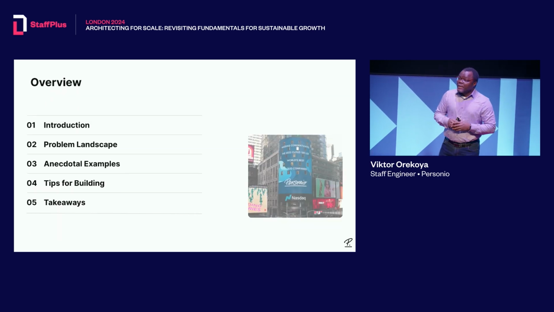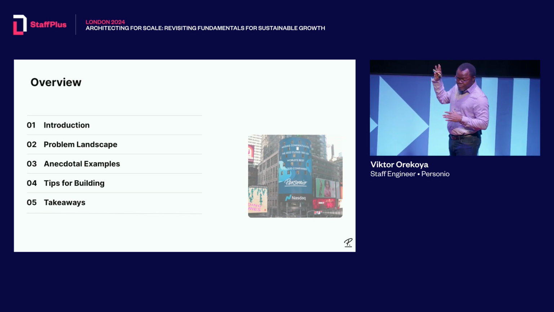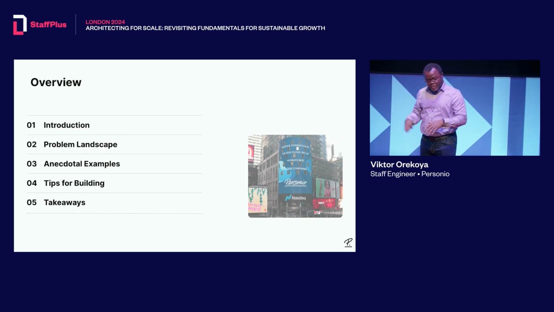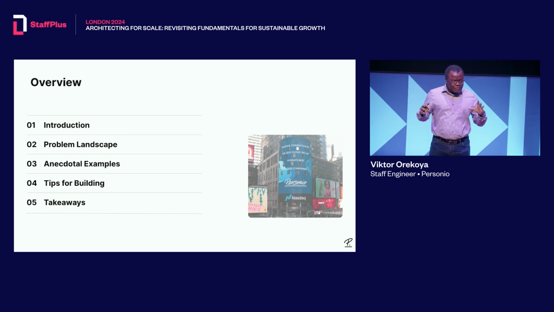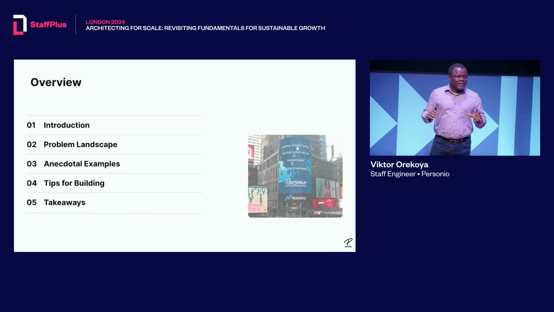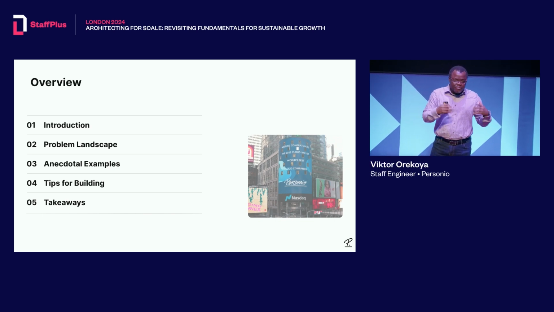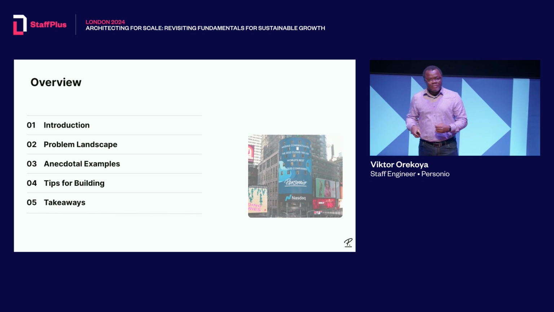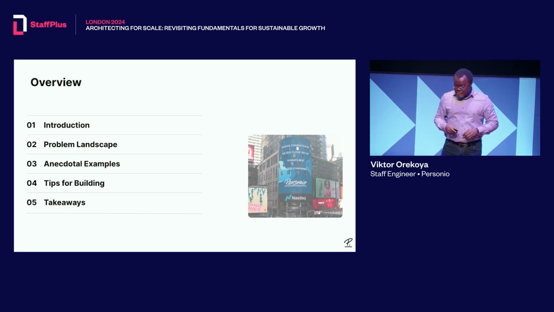Now, I'm Viktor, and I work for Personio, and I'll go through things in roughly this order. So I'll start off with an intro. I'll tell you a bit about myself, and then I'll try and dive into the problem landscape. What do we even mean by scale? And how do we build services that scale but are also simple? Maybe we'll talk about what simple means, actually.